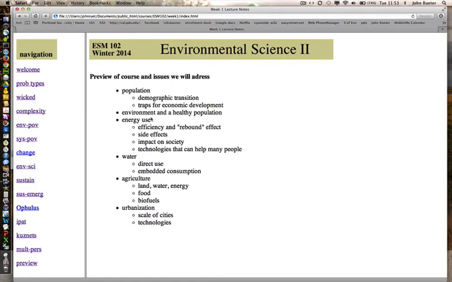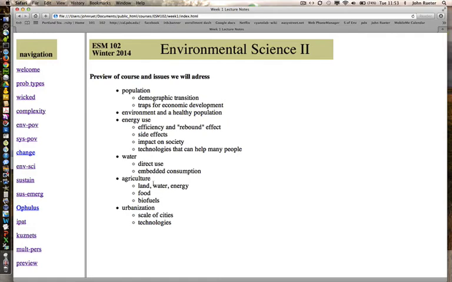We're going to look at environment and healthy population, like I mentioned before, with malaria and other traps. We're going to look at energy use and the different impacts on society. We're going to look at water use, the direct use, and then that's embedded in consumption.